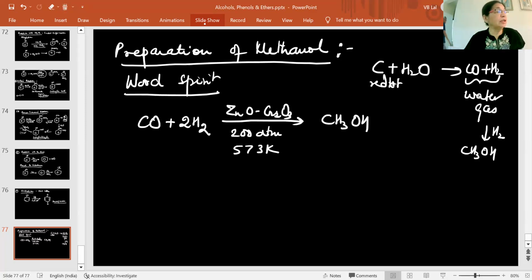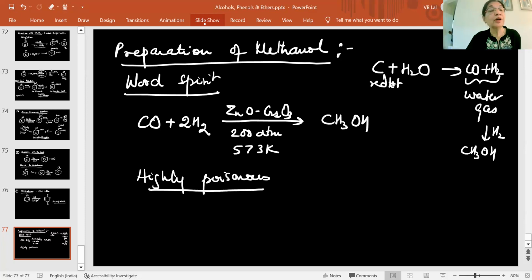Now, methanol is a colorless liquid, but it is highly poisonous. It causes immediate blinding. Now, you know, ethanol is used as liquor, but ethanol is also used extensively in the industry. In the industry where ethyl alcohol is used, there's always fear that people might misuse it.